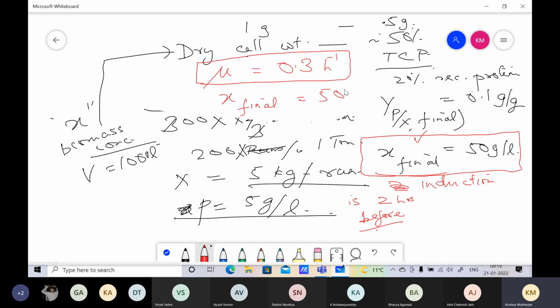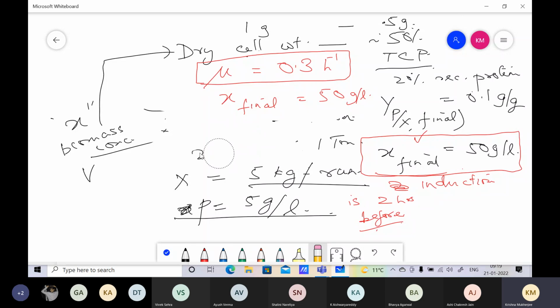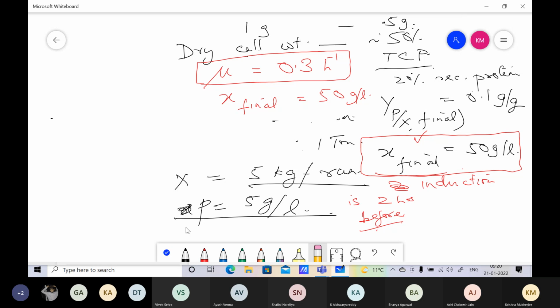and now I will make this assumption, which is not correct. This is a hugely incorrect assumption, but for calculation purposes, otherwise it will become tedious. You'll have to do the calculation actually. X final is 50 grams per liter. Now what is the mu value? And that is the real question. What is the mu value between the point of induction and after 2 hours? And that mu value is obviously falling, right?